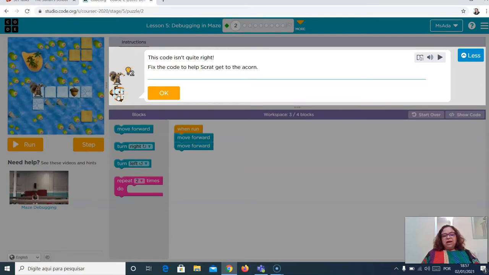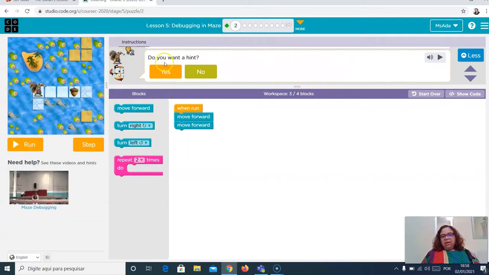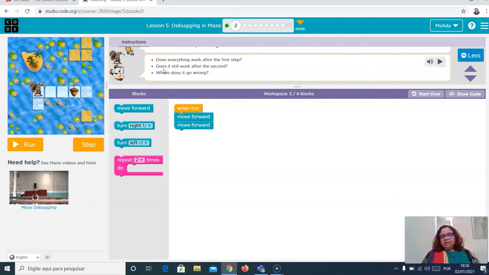We are in the Ice Age here, helping Scratch catch the acorn. And this one is quite easy. Again, I have instructions here, so I can click here and ask for a hint. Does everything work after the first step?